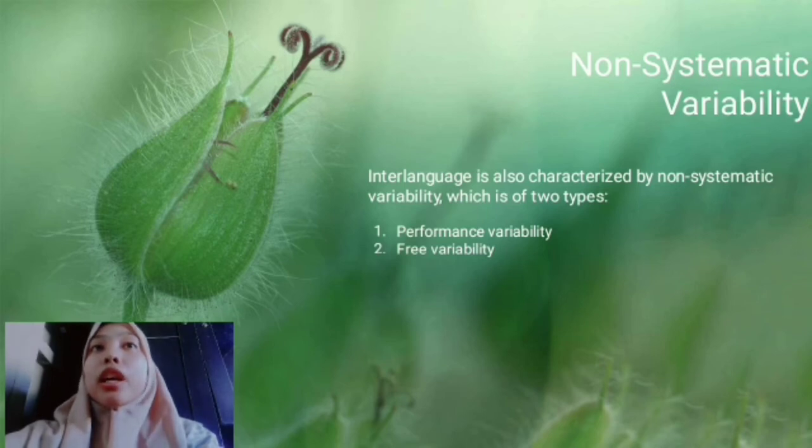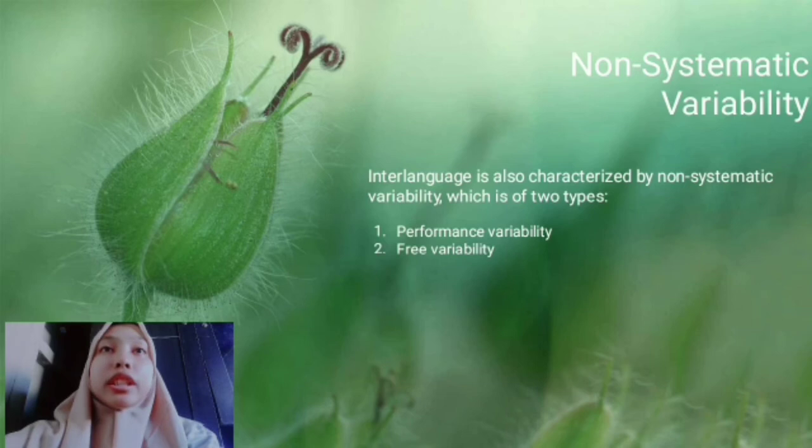Non-systematic variability refers to the kind that is prevalent in the early stage and continues throughout the developmental period. This is the variation applied in the haphazard use of two or more alternate forms which exist within the learner's interlanguage. The native speaker's language is also characterized by non-systematic variability. In general, non-systematic variability has not received much attention from linguists, who have preferred to explore systematic variability.